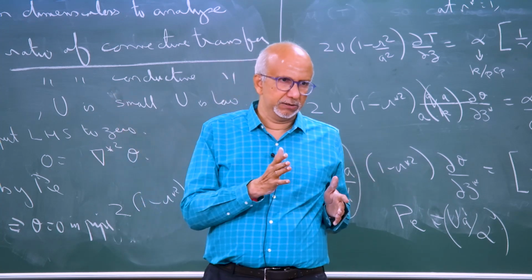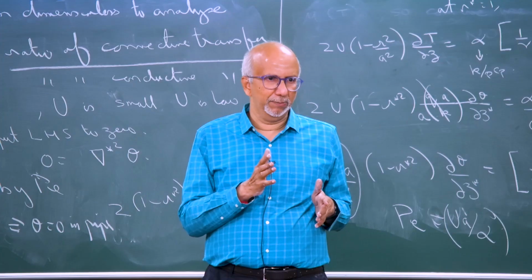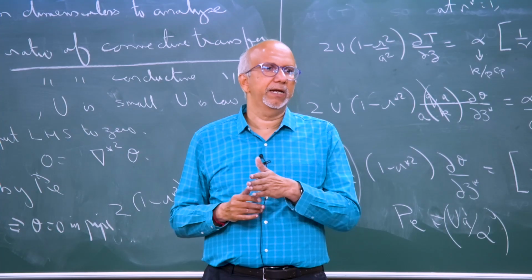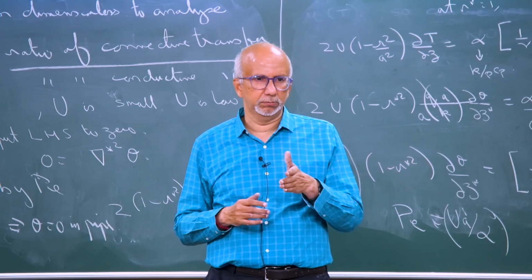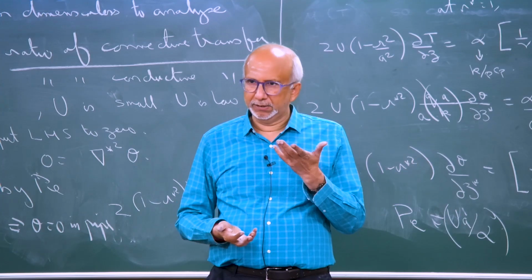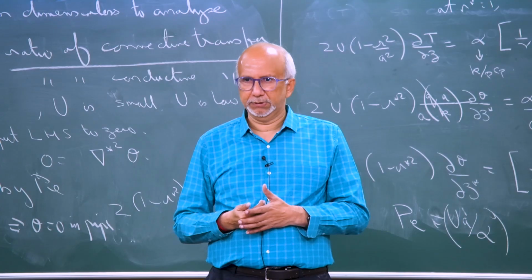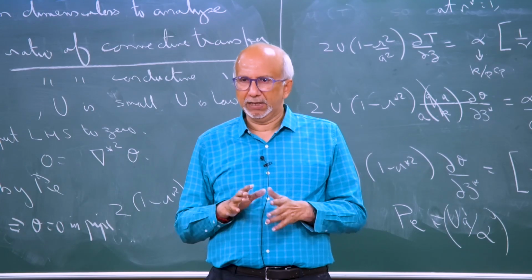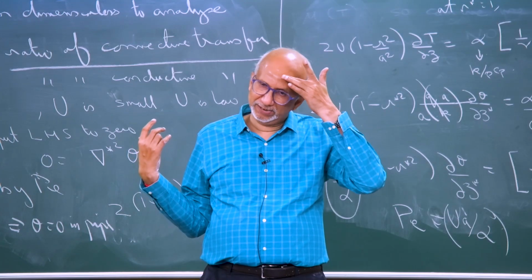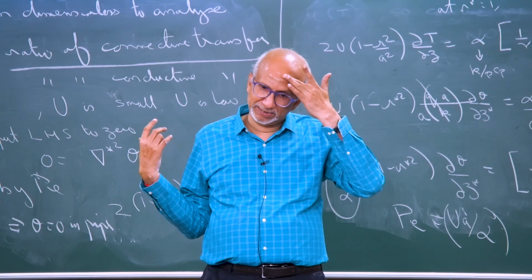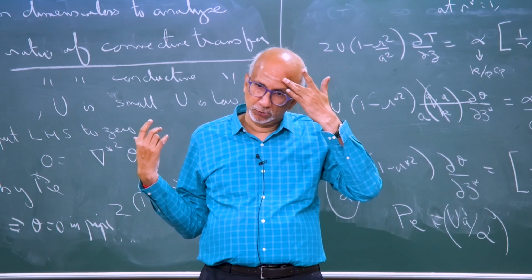When Peclet number is high, I am saying there is no temperature increase, d theta by dz is 0, but I am supplying heat. So something has to happen, the temperature has to increase. And the way you resolve this problem is by doing a rescaling, defining the length scales in the R and Z direction in different ways. So that is what we are going to see tomorrow.